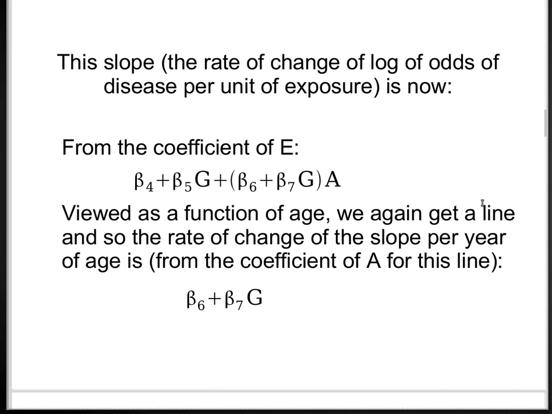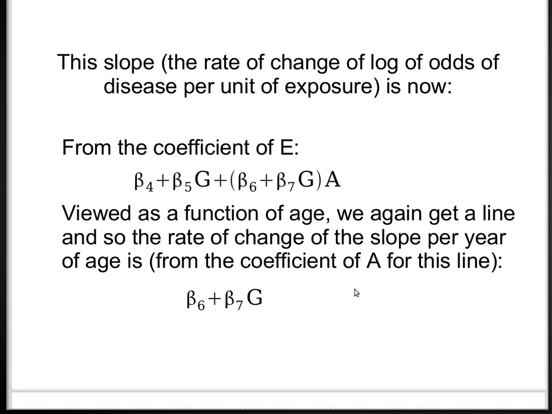So let's take a look at this a little bit more. We can see that the slope that was the coefficient of exposure here involves another slope. That is the rate of change now of something we need to understand per unit change in age.